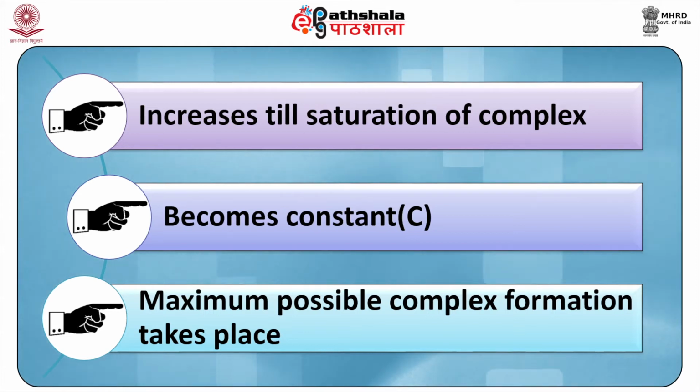This constant is represented by the point C. At this point C, the maximum possible complex formation takes place. The stoichiometry of metal and ligand can be clearly known by the x-axis, and this x-axis is the mole fraction axis.